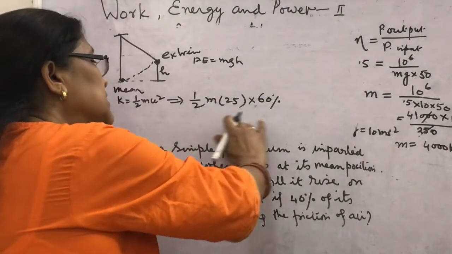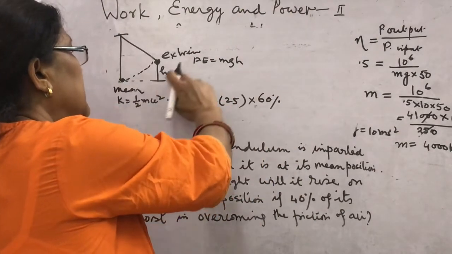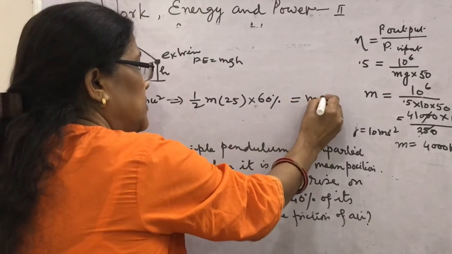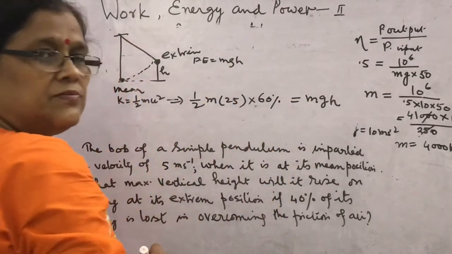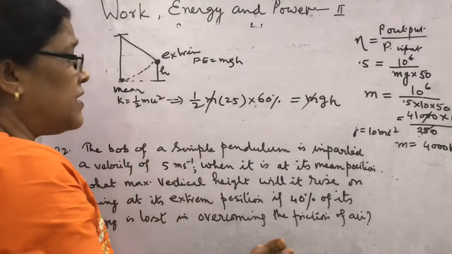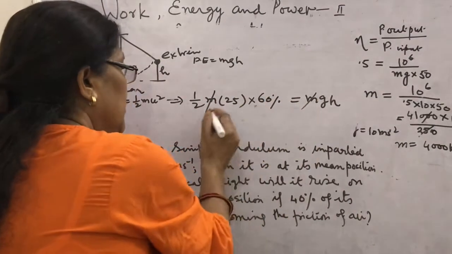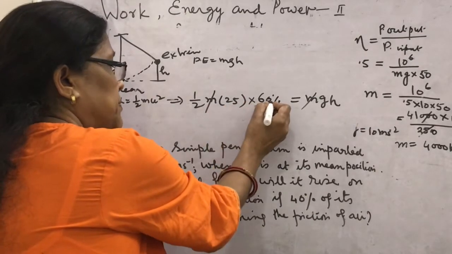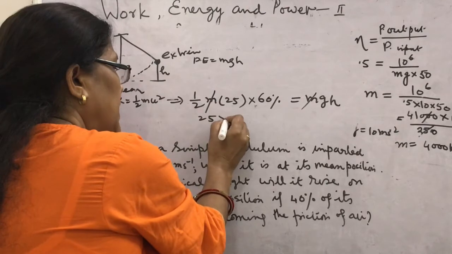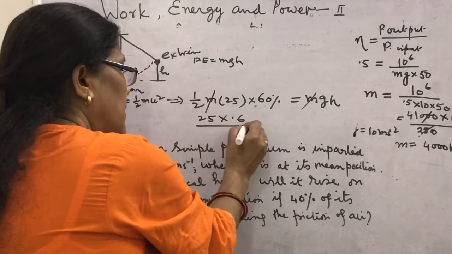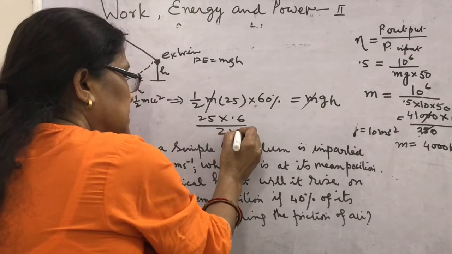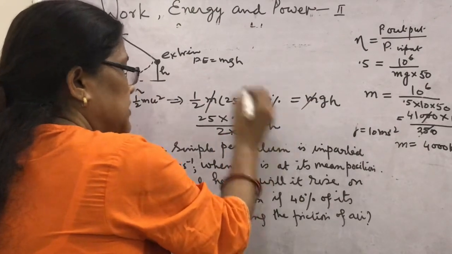Now this energy is going to be converted into potential energy at extreme position, that is equal to mgh. Mass is not given, it is not required. g is 10, you put the value, this 60% is 0.6, then how will you write? This 25 into 0.6 upon 2, and you bring g here, this is 10, equal to h.